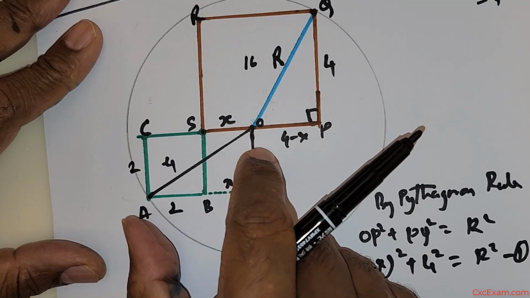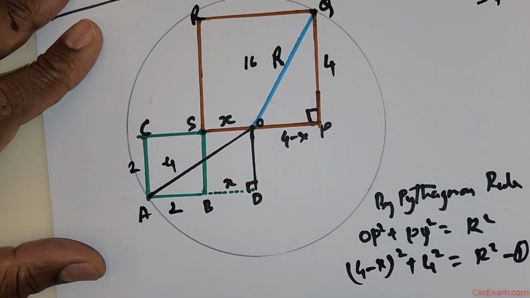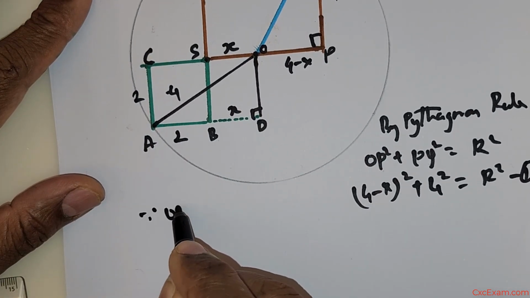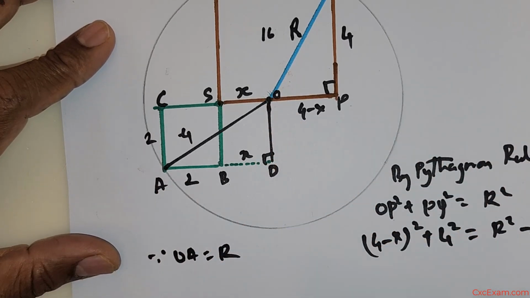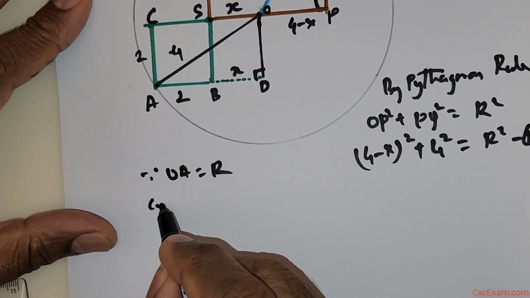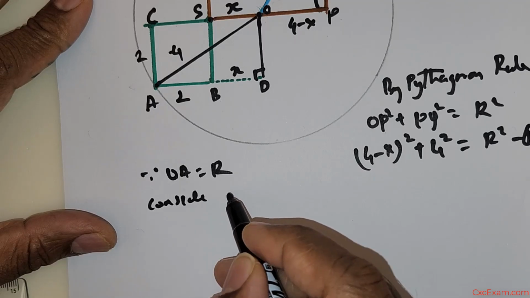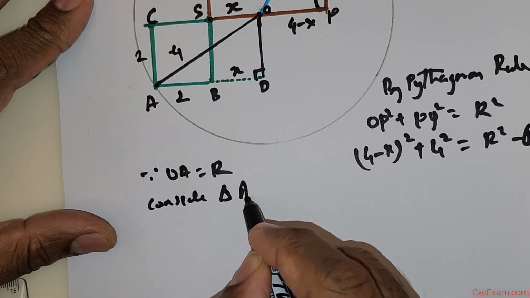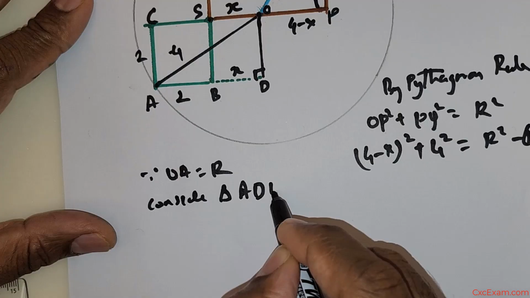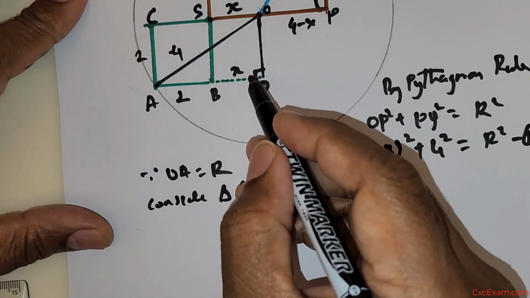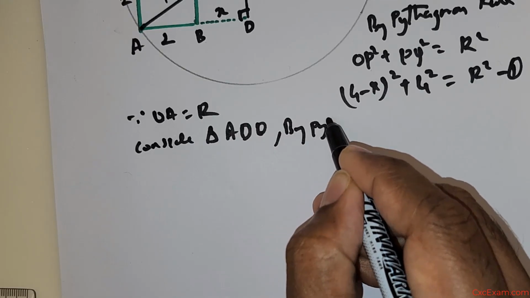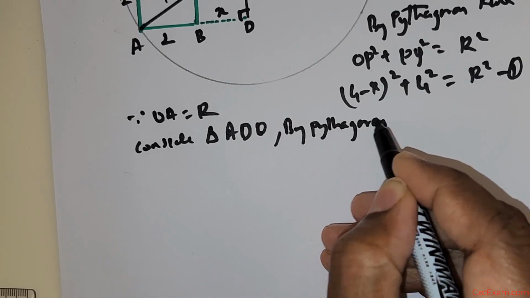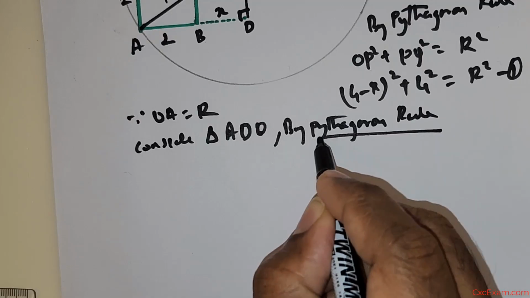So this OA is capital R, the radius of the circle. Now consider triangle ADO. So we can apply Pythagoras theorem.